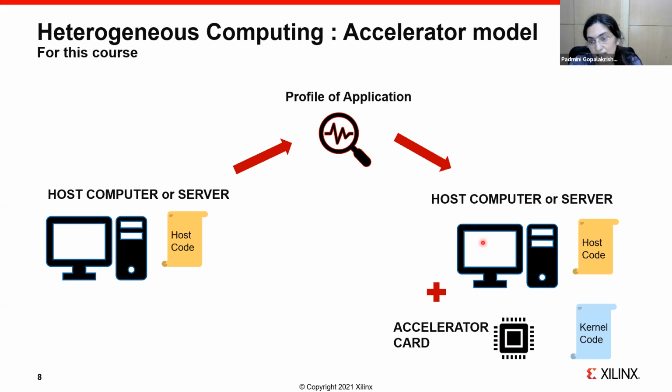Or maybe I have one computer and I have 10 accelerator cards because I have profiled my application and I have realized if I can do 10 matrix multiplications in parallel, my performance speeds up. Right? So the control is here. So the host decides what to offload and when to offload. Right? And the accelerator does the offloaded computation and sends the result back.